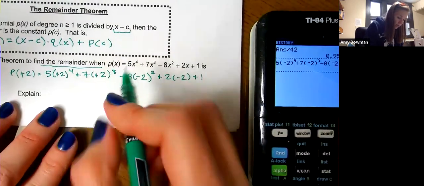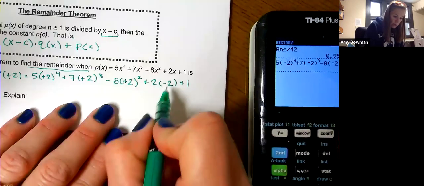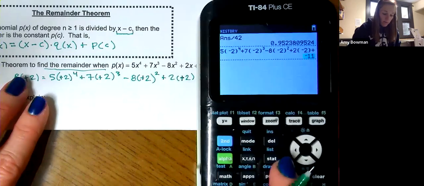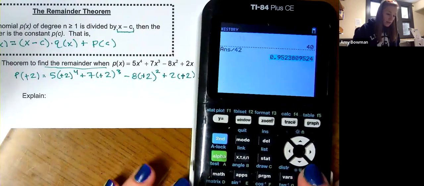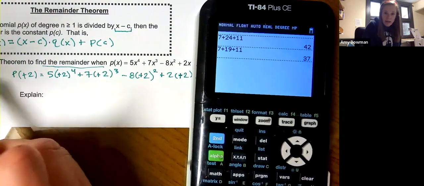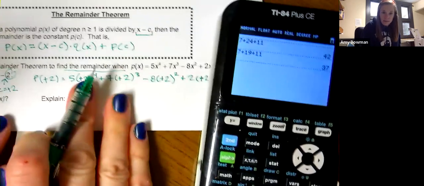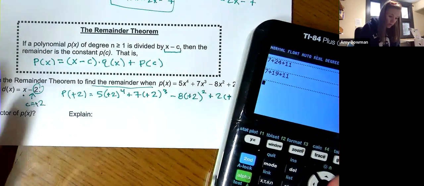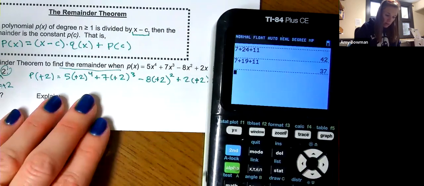C is +2. I wish I could go back and re-record that part, but I'm not going to, because I don't feel like it. Okay, so let's do that again. I divided by x -2, so my c value is +2. Good job, Amy.